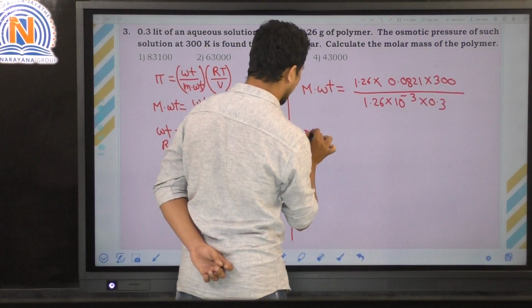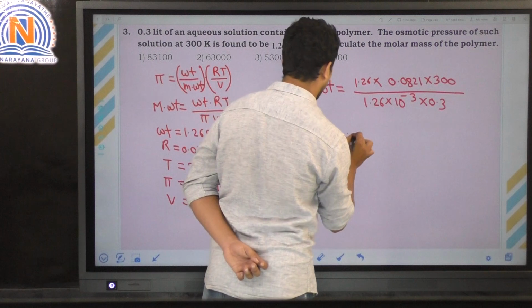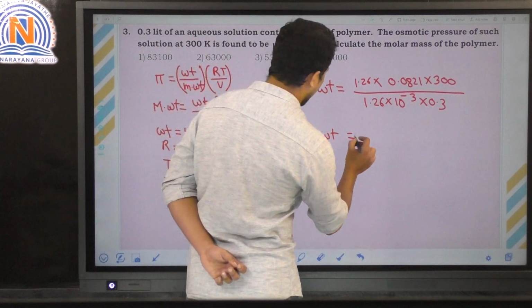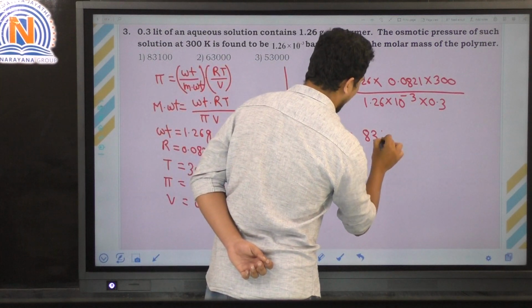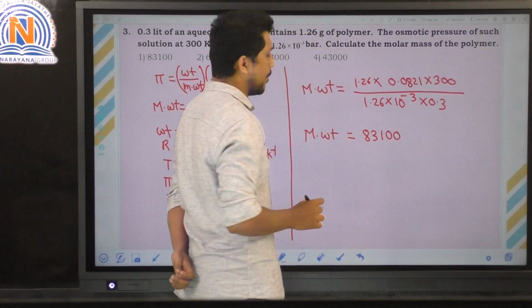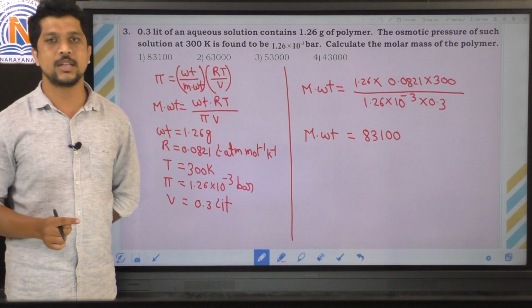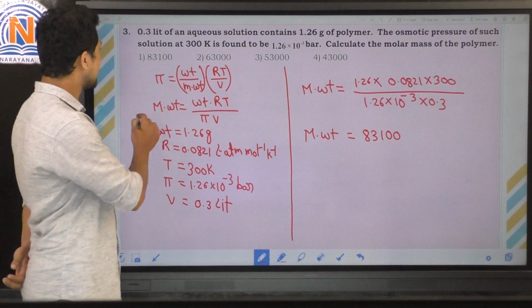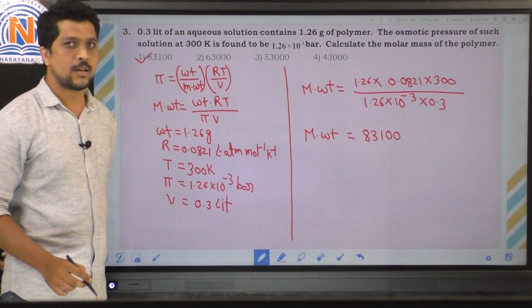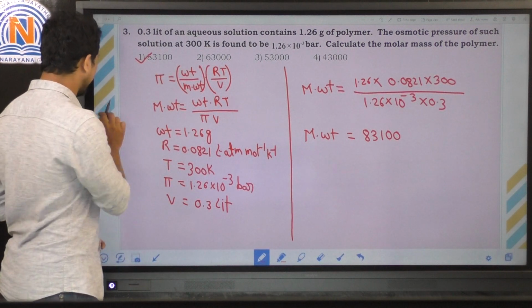If you solve this one, you will get the answer 83,100. So the molar mass of the polymer is 83,100. So the correct option is first option. Let's move on to the next problem.